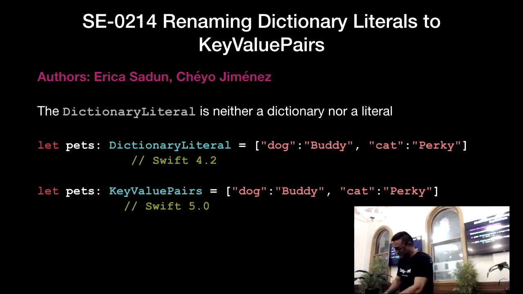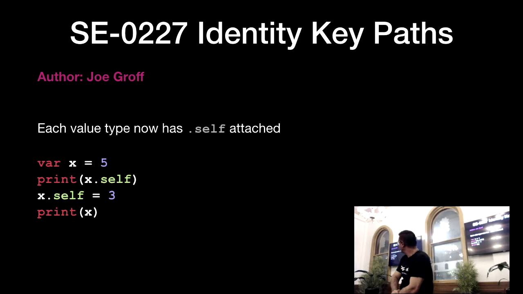Yep. Then you have identity key paths. This is the other one from the 3 minutes that I spent trying to look at the things that didn't work. You have something called self, which is an interesting thing, which didn't make sense in the past. You're like, what is x.self? But you have a new property called self, so you can use it in key paths.